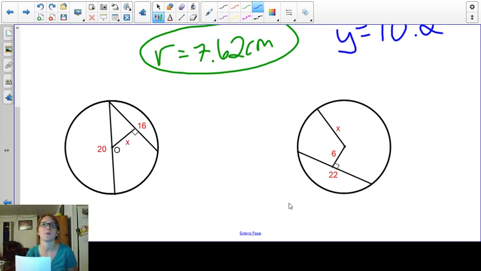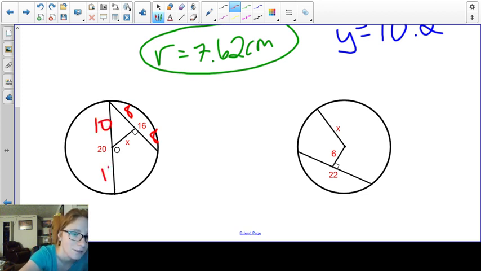Alrighty, this next one. Well, we need to determine what my values are. Well, we said down here that when it hits a chord as a perpendicular line, it bisects it. So it means this is 8, and this is 8. And then this here is the diameter. If I only want to use a radius, or half of that, then this also must be bisected.